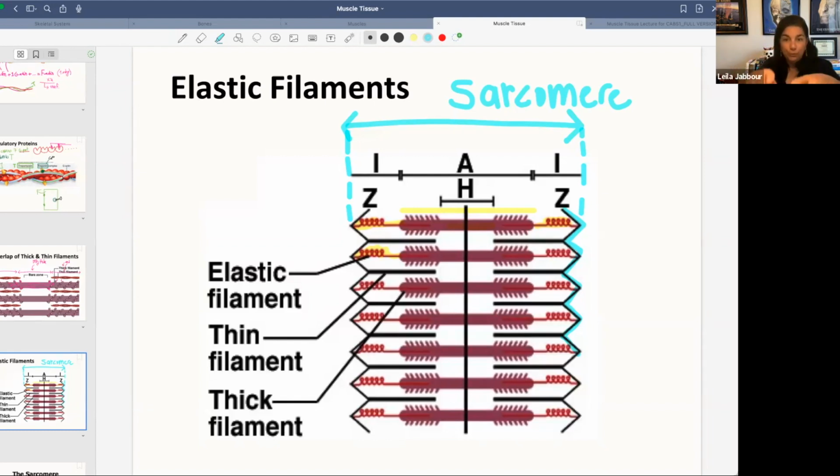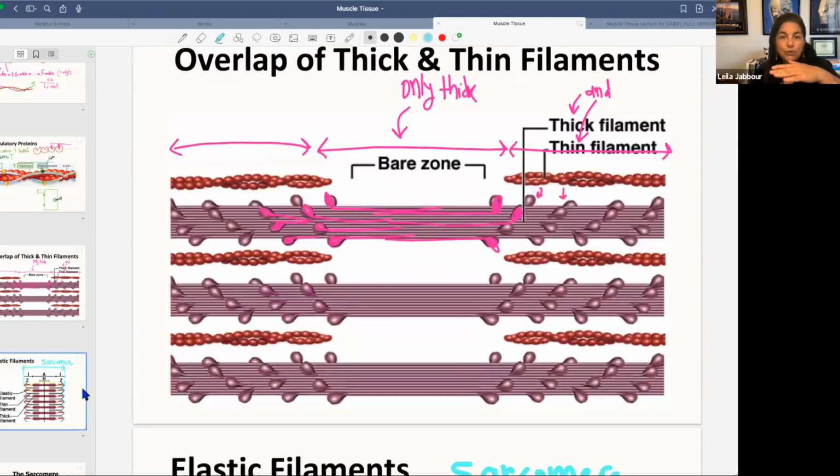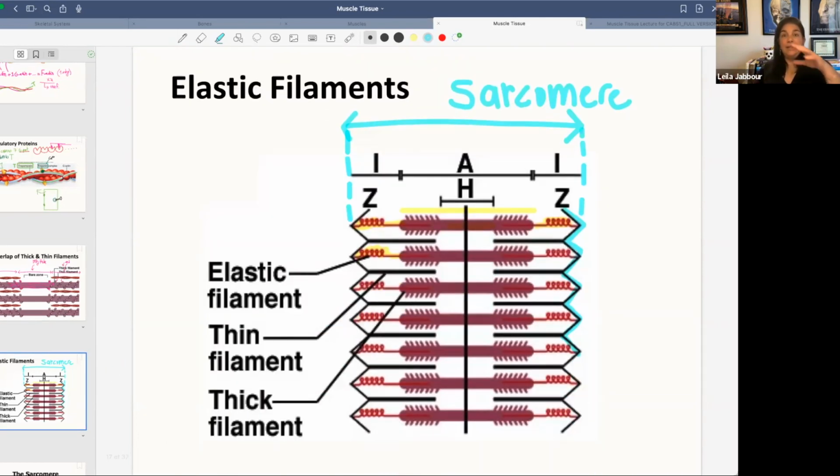So now basically what we're doing is we're zooming back out, right? We went very deep and looked at the molecules and how they're laying parallel to each other. And then we're zooming back out to see, okay, at the end of this arrangement, this bundle of rods of thick filaments with their thin filaments over them is anchored to the walls of the Z-discs by elastic filaments.